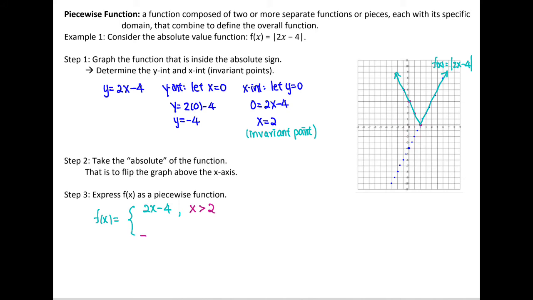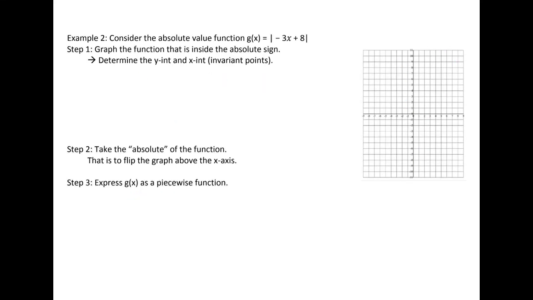So we say negative of 2x minus 4, when x is smaller than 2. However, we also need to include the 2, so we put an equal sign on one of the pieces. So we're going to put it on the first piece. That's our piecewise function.